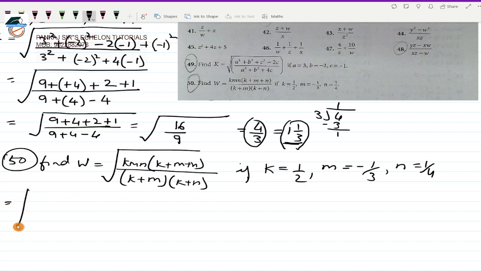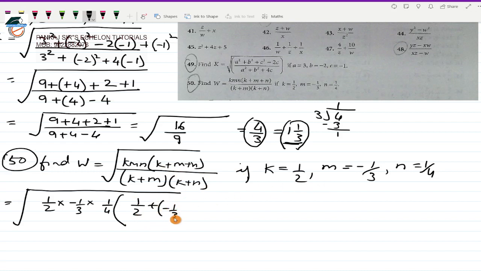W will be equal to a big square root. Now k is 1 by 2, so it will be 1 by 2 multiplied by m. M is minus 1 by 3 multiplied by n, so it will be into 1 by 4. Then a bracket, k is equal to 1 by 2 plus m is equal to minus 1 by 3 plus n is 1 by 4. Right?